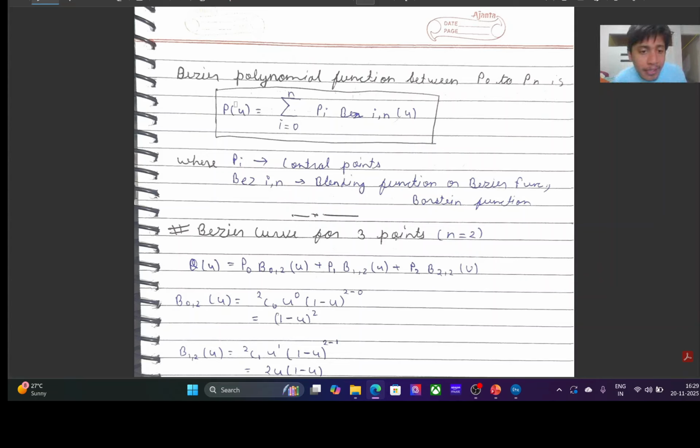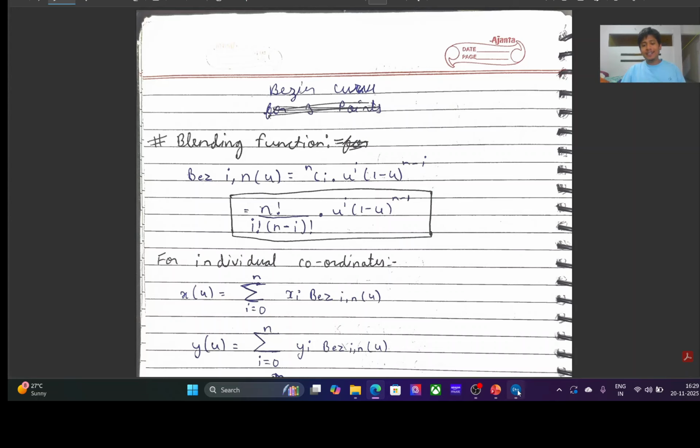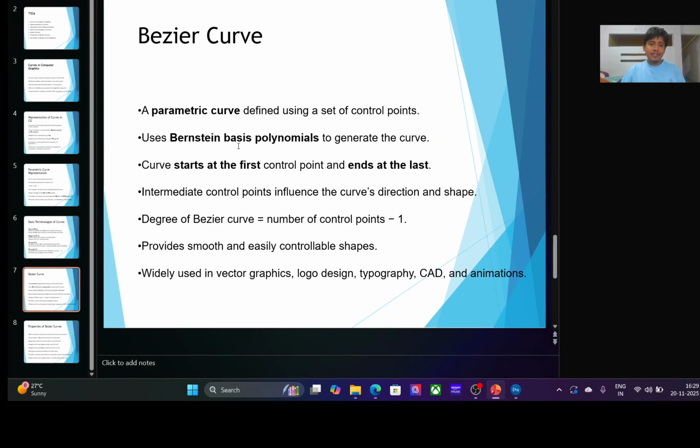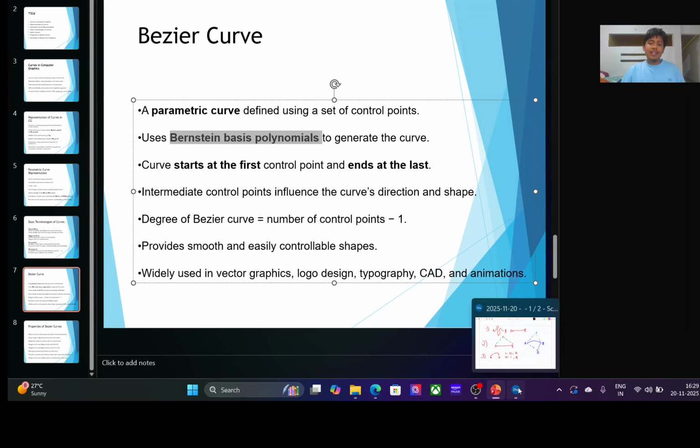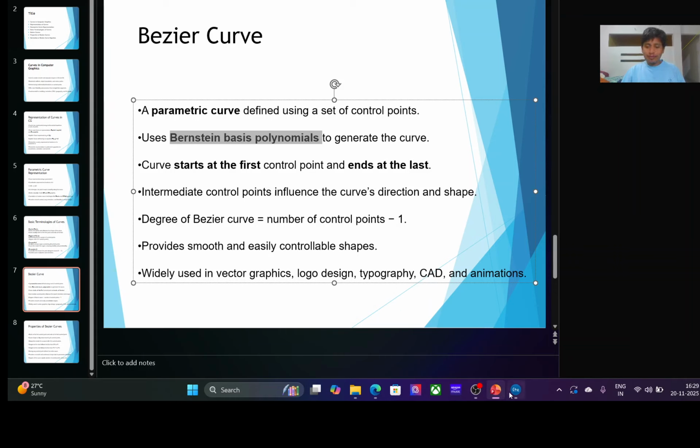This is P(u) equals the summation from i equals 0 to n of Pi times B(i,n)(u), where Pi is a control point and B is a blending function, the Bezier function, or the Bernstein function. What is it? Bernstein basis polynomial. It's kind of the same.